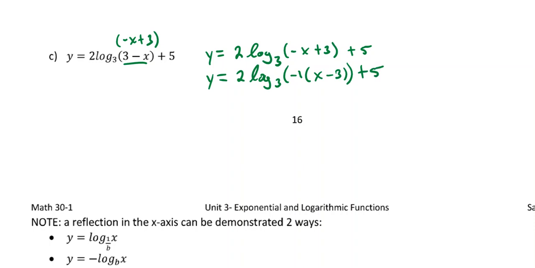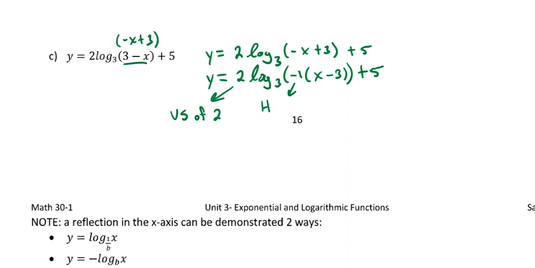So now we can see what's going on a bit more clearly, right? All right, so what's happening here? The 2 means that we have a vertical stretch of 2. Technically that would be about the x-axis, but I'm just doing shorthand for now. Okay, what about the negative 1? What's that doing?